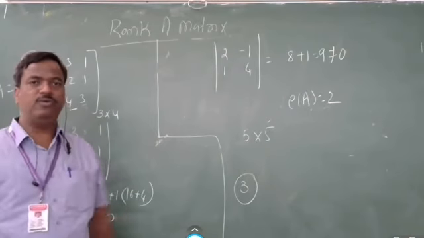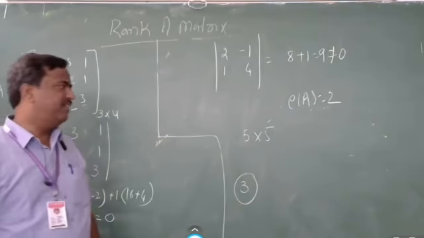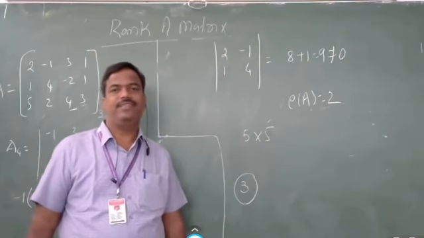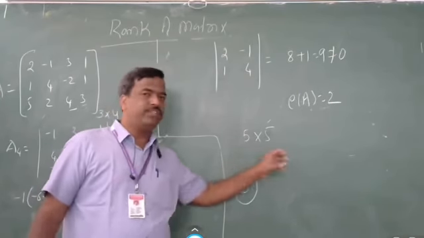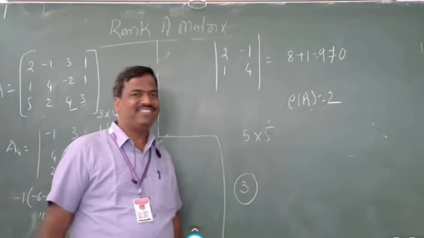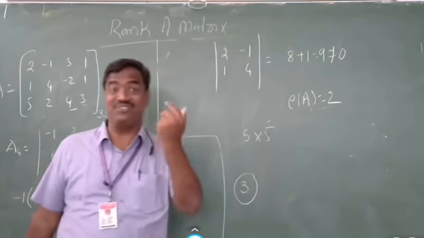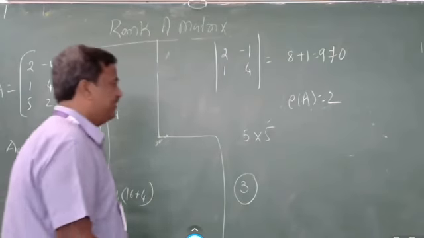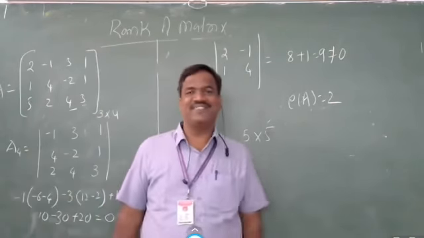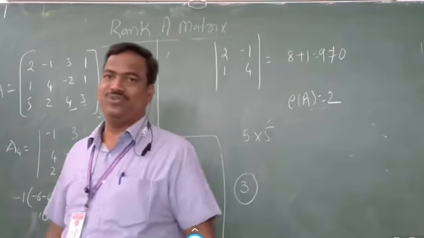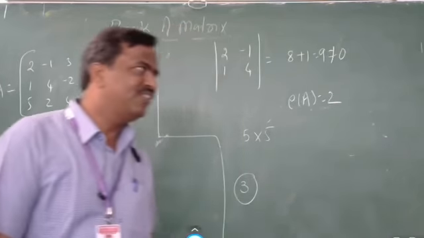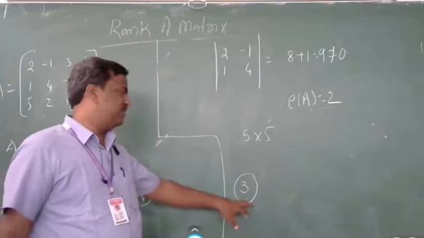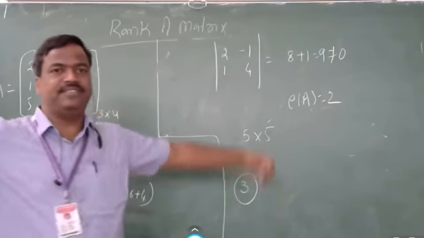Suppose this rank is 3, determinant is 0. Then you go for the 4 by 4. You will get 25 4 by 4 matrices. To find the determinants of 25 4 by 4 matrices, it takes another 1 to 2 hours. Then you need to come to the 3 by 3 matrix. It is a lengthy process.